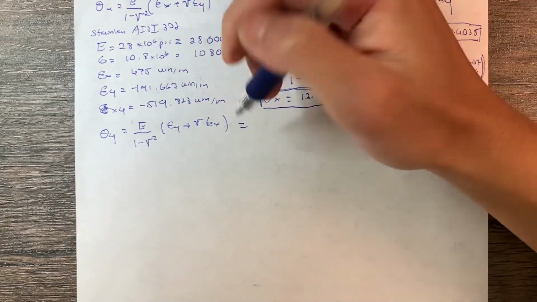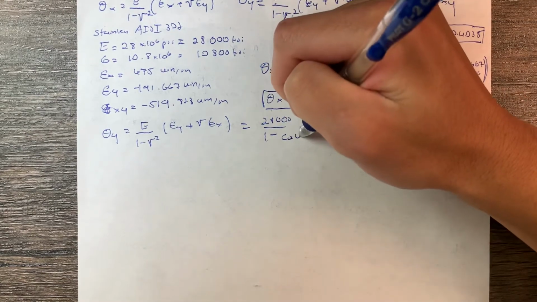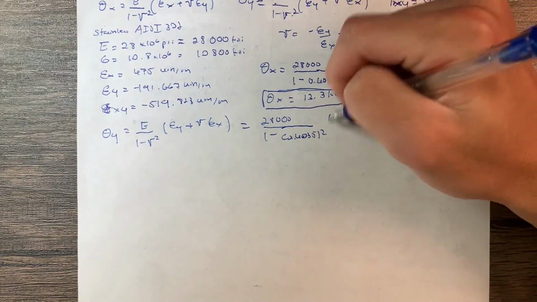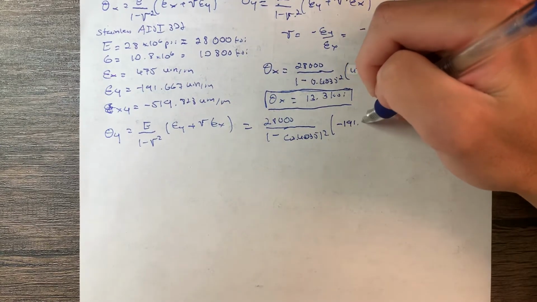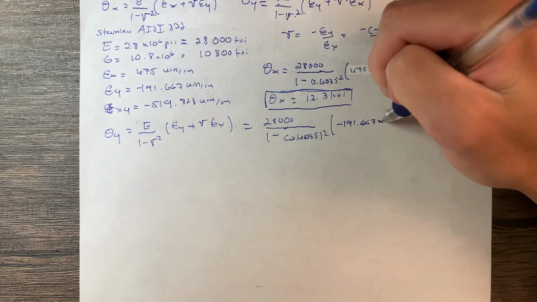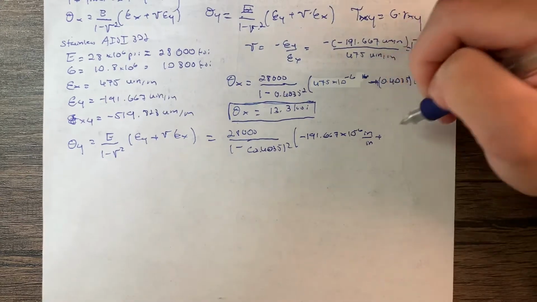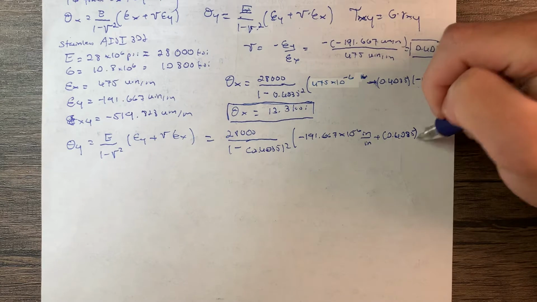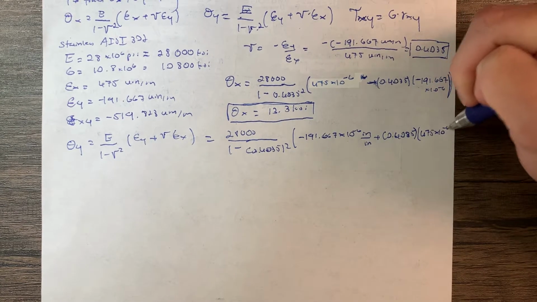That's the same 28,000 over 1 minus 0.4035 squared, times epsilon y, negative 191.667 times 10 to the negative 6 inch per inch, plus 0.4035 times 475 times 10 to the negative 6 inch per inch.